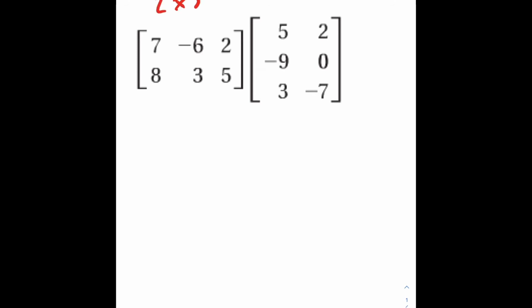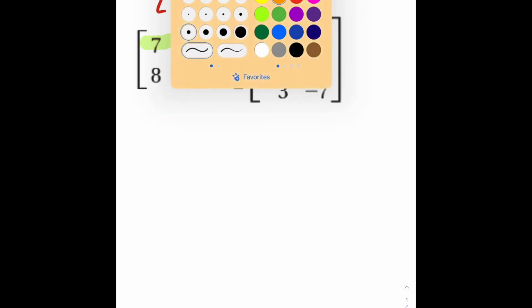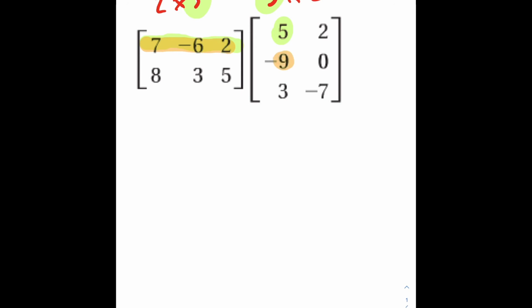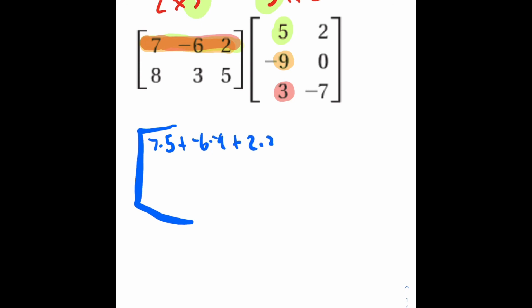All right, if I look at this one, again, the first step is to see, can you even multiply it? This is 2 rows by 3 columns, and 3 columns by 2 rows. Yes, we can multiply. So really what I'm going to do is take this first row and multiply it into this column. So it's going to be 7 times 5 plus -6 times -9 plus 2 times 3.